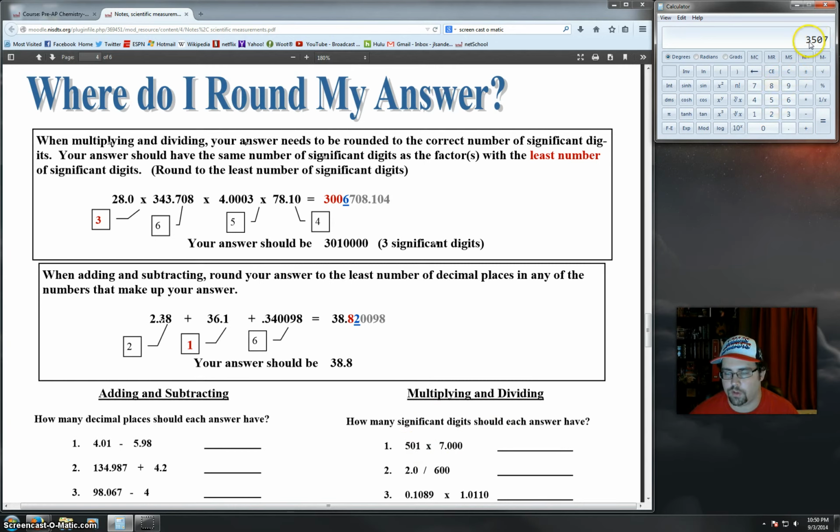So this is going to round to 3,510, and then a following 0, because that last 0 won't be significant, but it needs to be a placeholder. Now you can't just write 351 here like that, because that's not what that number rounds to. It's going to be 3,510 because the real answer was 3,507 or whatever it was. So keep that in mind.